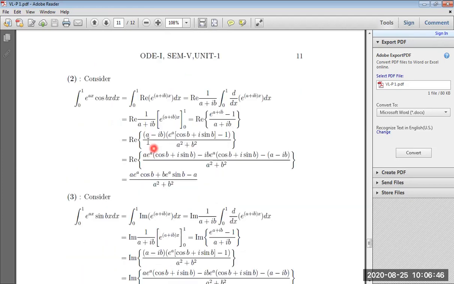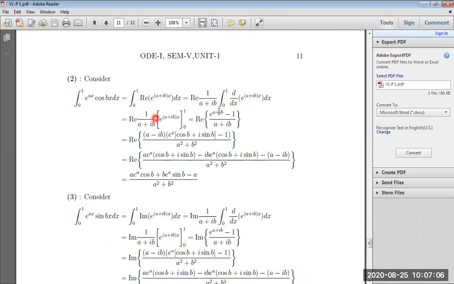Now, to find the integration of the integrand e to the power ax cos bx between the limits 0 and 1, you start with the complex exponential function. Find the real part, and use the formula.